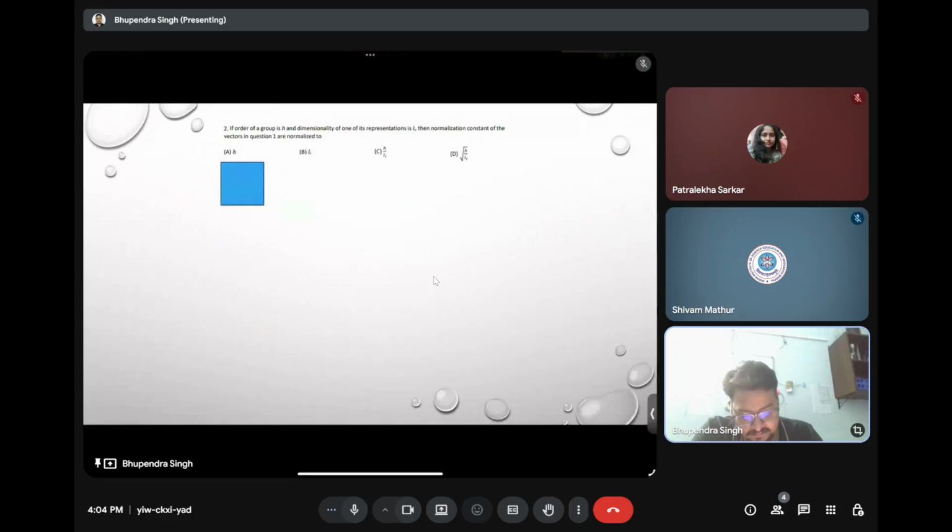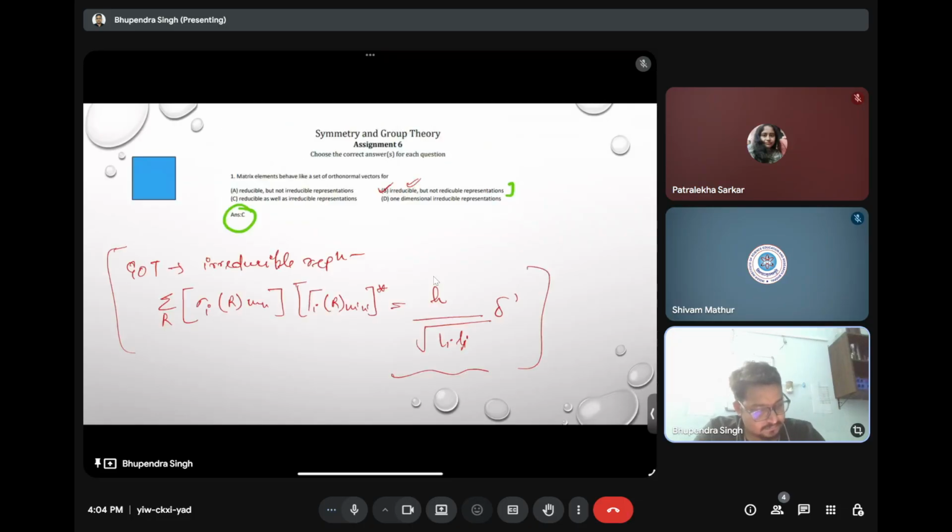So the second question is, if the order of the group is h and the dimensionality of one of its representations is l_i, then the normalization constant of the vectors in question 1 are normalized to. So this should be the answer, this one, because this is your normalization constant.